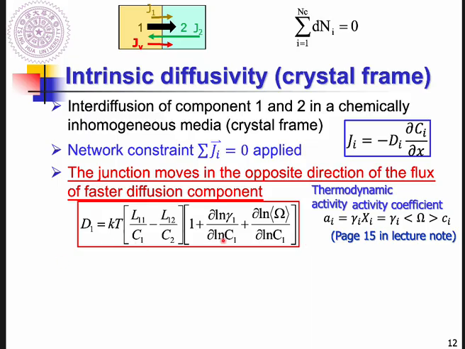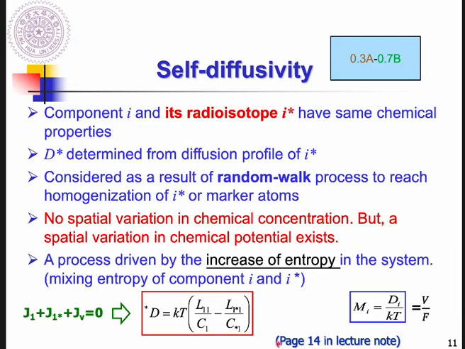It's quite complicated, right? But if you take a look closely, you're familiar with something, right? This is 1 and 2. How about if I replace 2 with 1 star? It's quite similar, right? If you compare the first term, actually it's similar with this one.